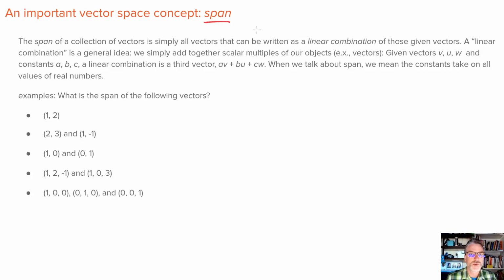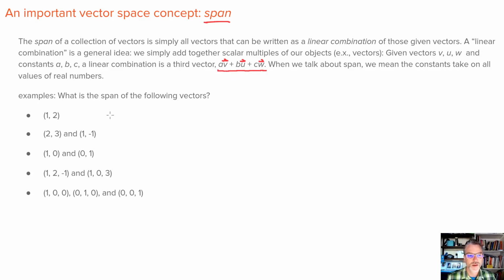With span, we're looking at what's called all linear combinations of a set of vectors, and then we see what space this traces out. Here's a linear combination. We have a bunch of vectors like v, u, and w, and these constants a, b, and c, and when we combine them in this way, that's called a linear combination.